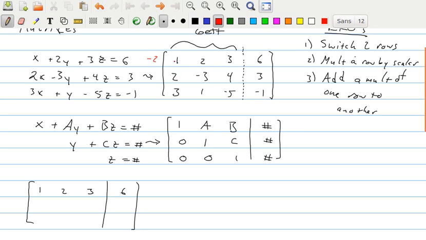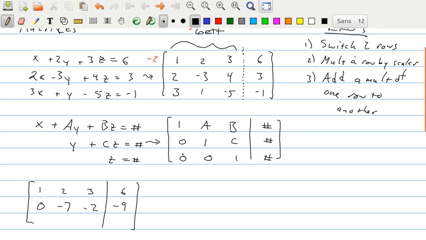So now I'm using rule number 3, adding a multiple of one row to another. Negative 2 plus 2 is 0. Negative 4 plus 3 is negative 7. Negative 6 plus 4 is negative 2. And for the right-hand sides, negative 12 plus 3 is negative 9. So that takes care of the middle row.